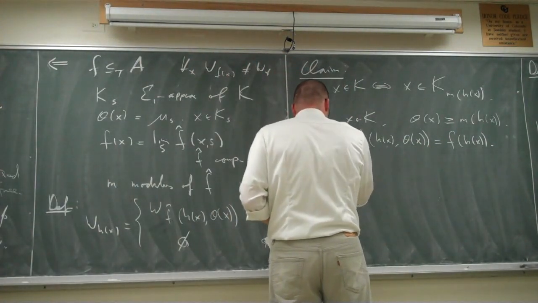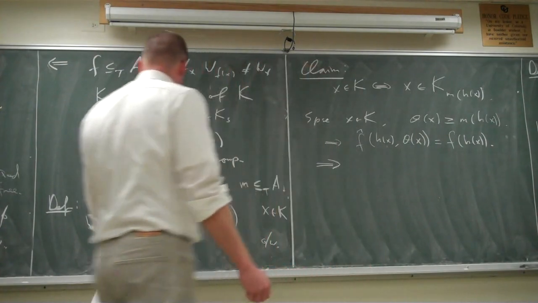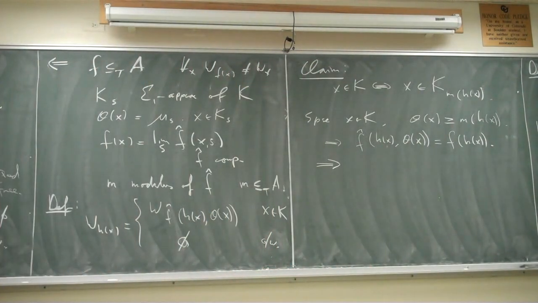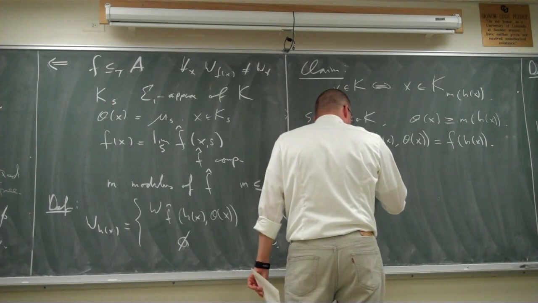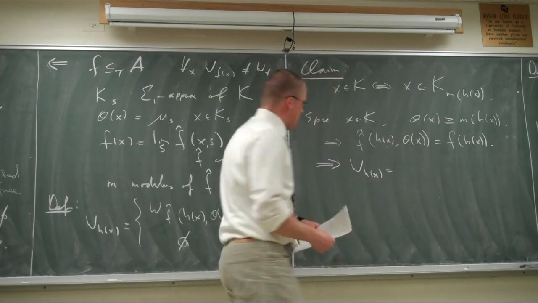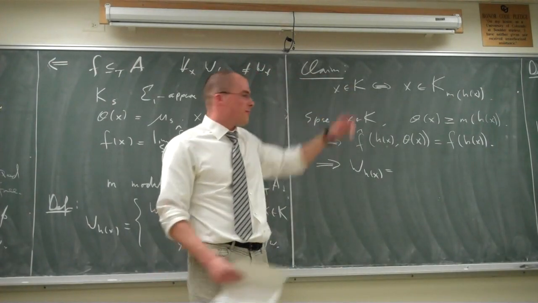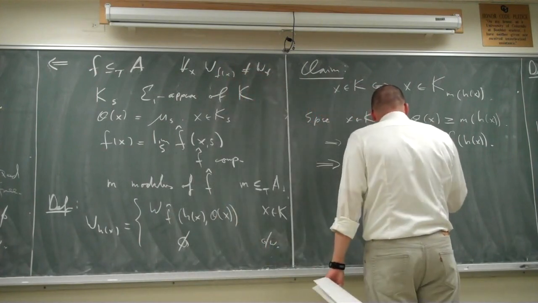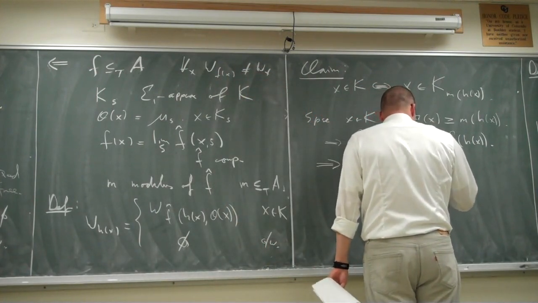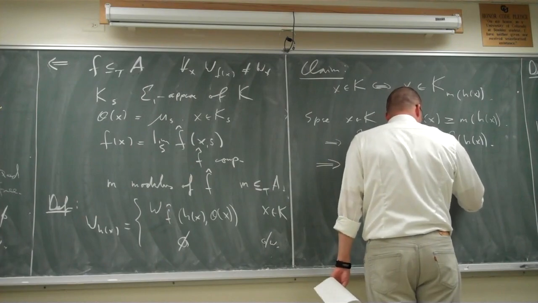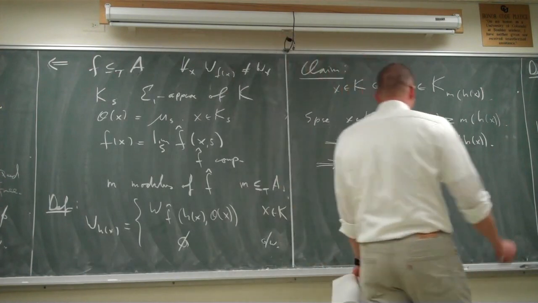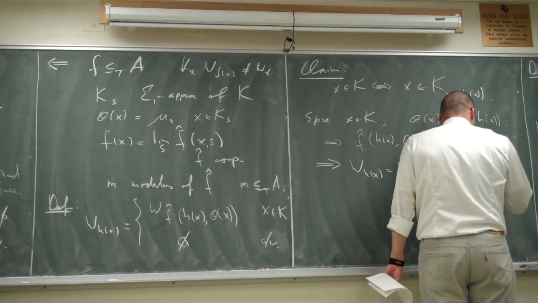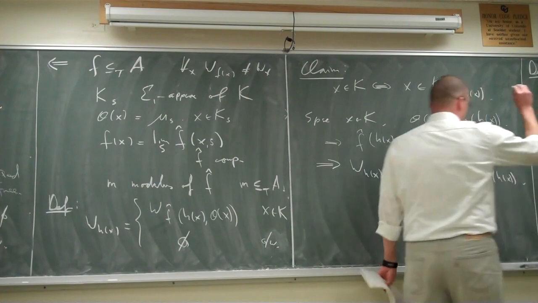This, however, means, what does it mean? It means that W_h(x), which under our assumption that x is in K is equal to W_f hat(h(x), theta(x)), is equal to W_f(h(x)).